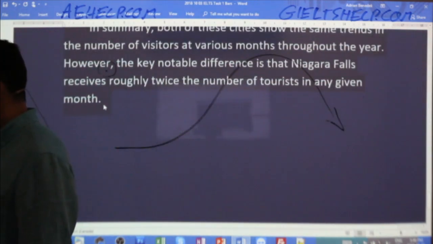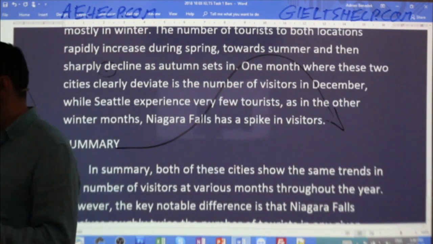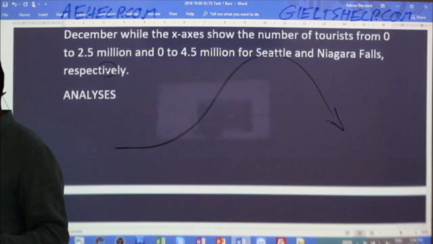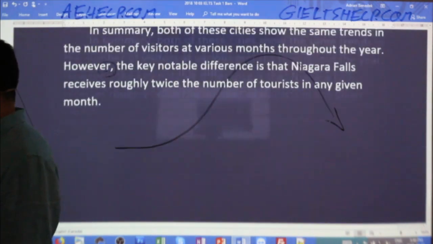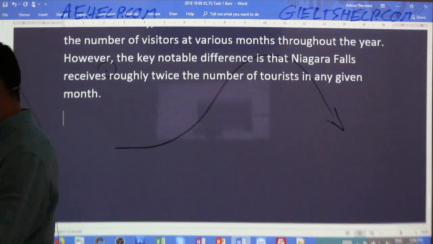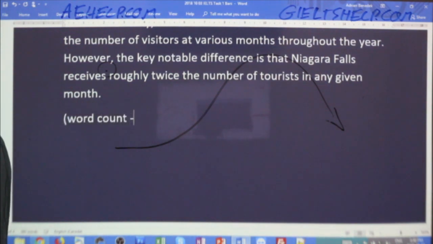Okay. So if I take out these words, you shouldn't write summary and you shouldn't write analysis. Okay, so leave those words out. So in this case, our word count, and it's good to do this at home, check your word count, see what you're doing. Word count is 211 words.